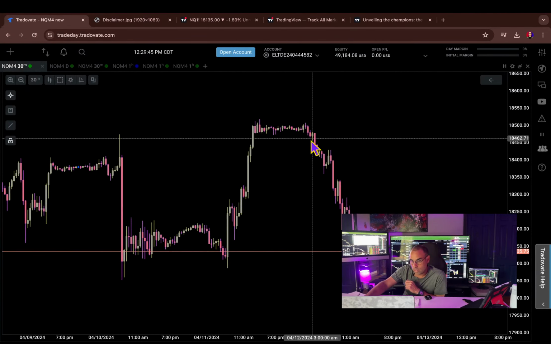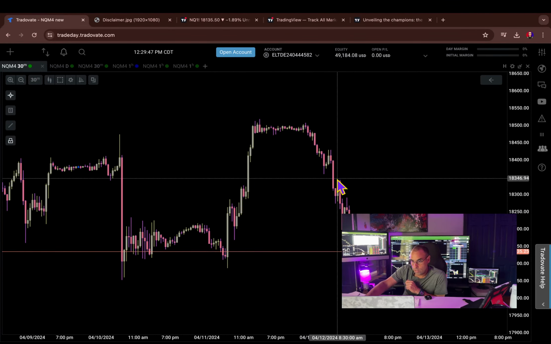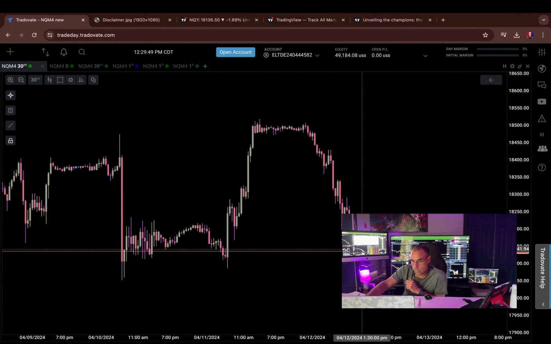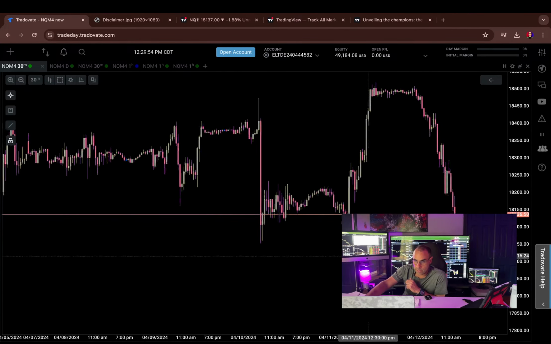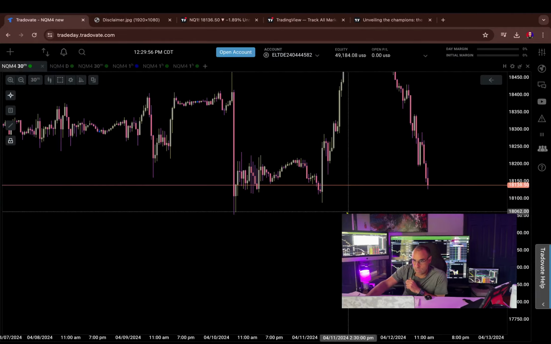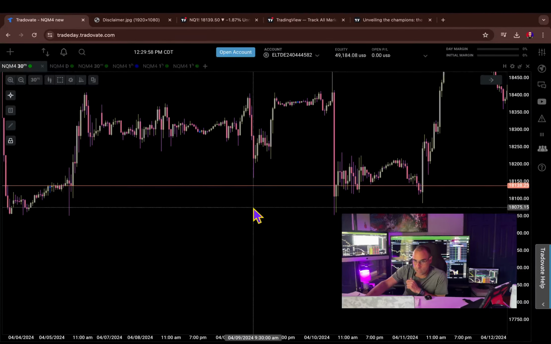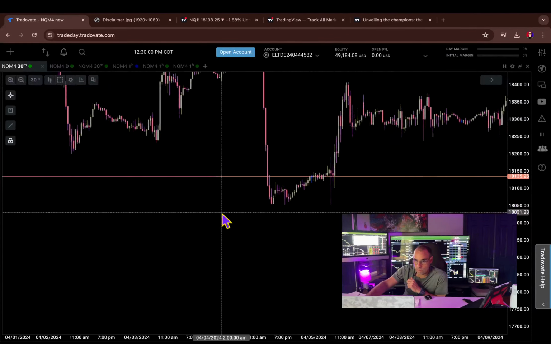Some pullbacks. We got 1, 2, 3, 4, maybe 5. Maybe break the lows. But definitely we're going to test these lows, see if they produce anything.